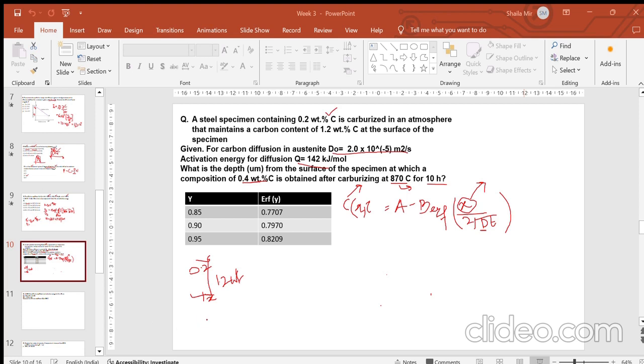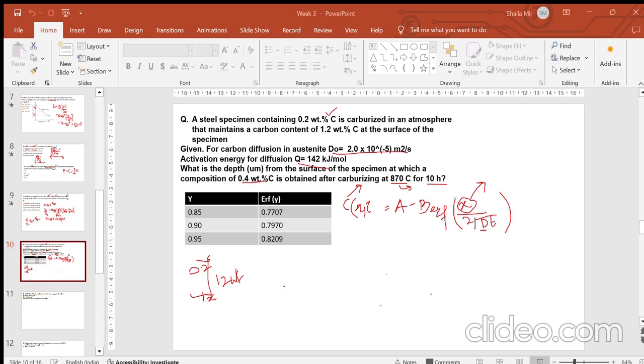We have to do the same for the other side. We subtracted y from our final value, or we can do it for the initial value to have positive values. So y minus 0.85.